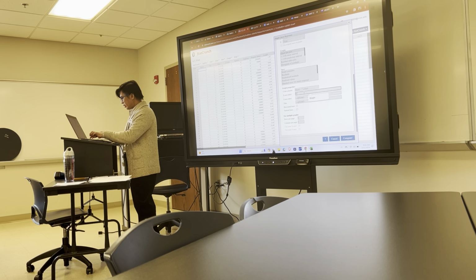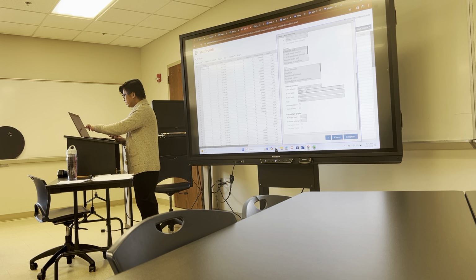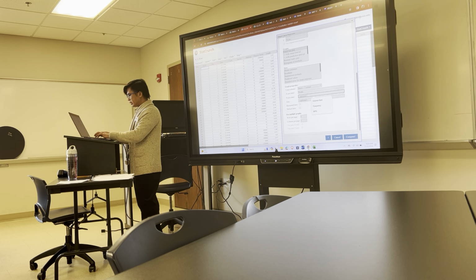Width of tornado. The y-axis is the length. And we can put in the title: the regression line of tornado width and length.